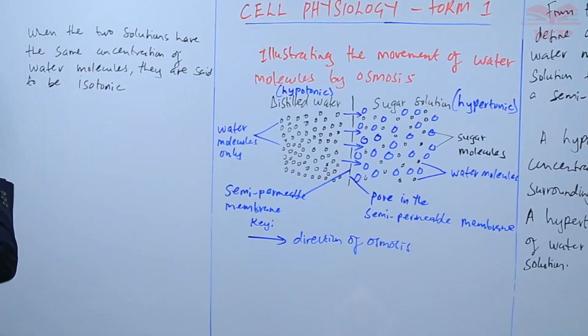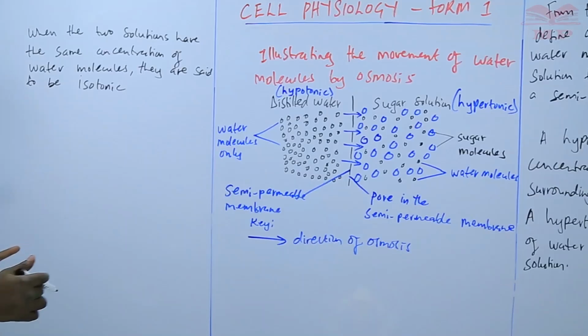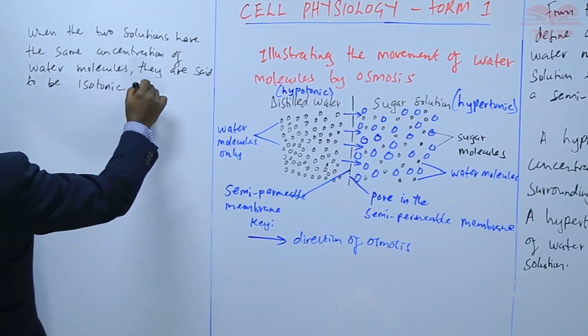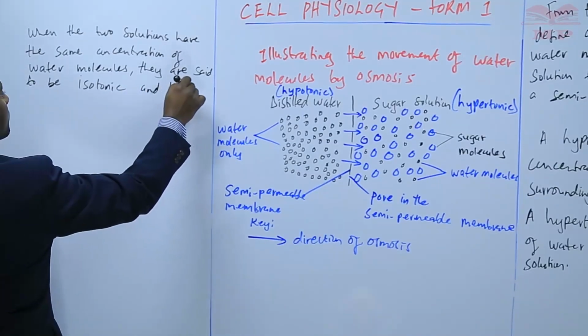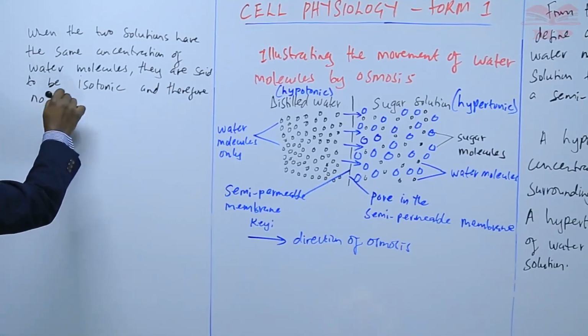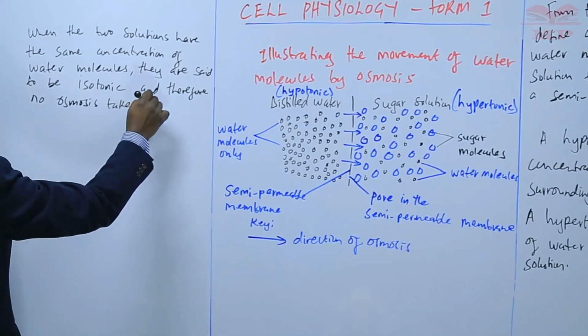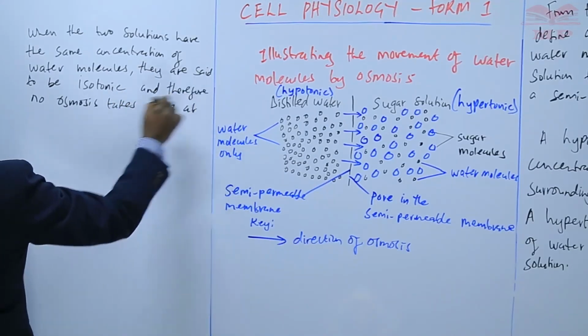So none has a higher concentration than the other. They have the same concentration, the two solutions that are surrounding each other. So they are said to be isotonic if they have the same concentration of water molecules. And therefore, no osmosis takes place at this point.